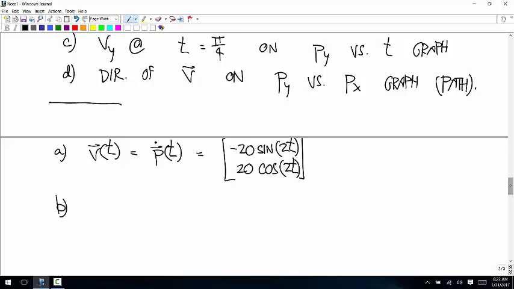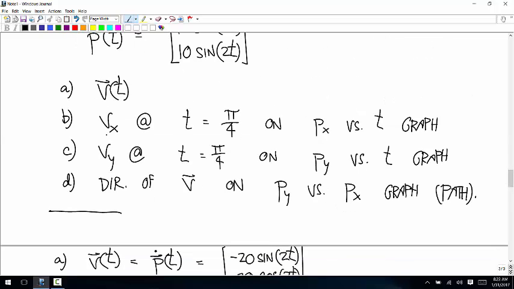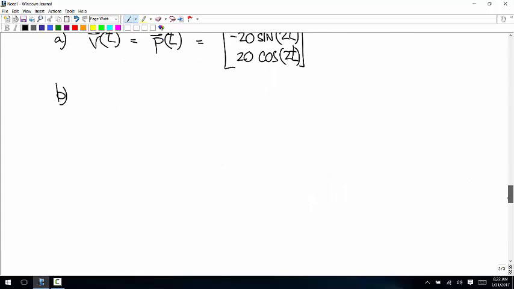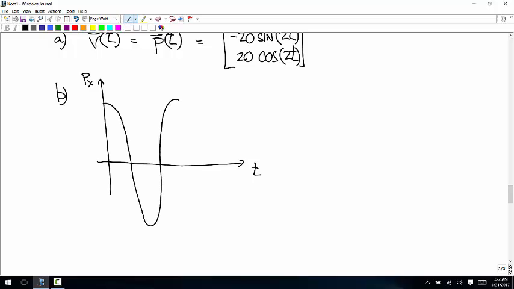Second, we want to show on an x position versus time graph what the x component of velocity is at time equals pi over 4. So if we plot the x position versus time, it's a cosine function with an amplitude of 10.